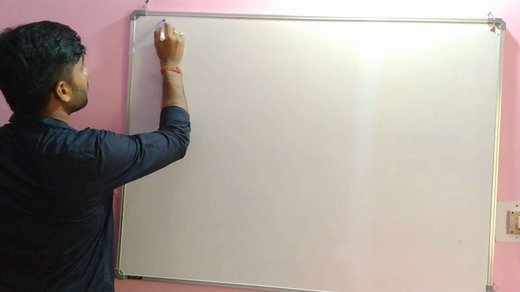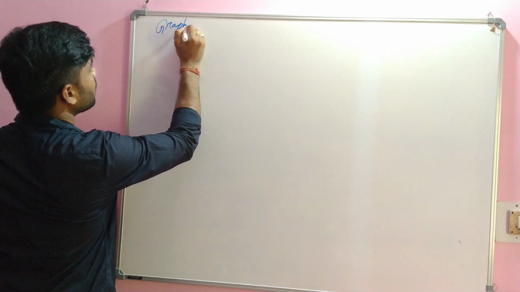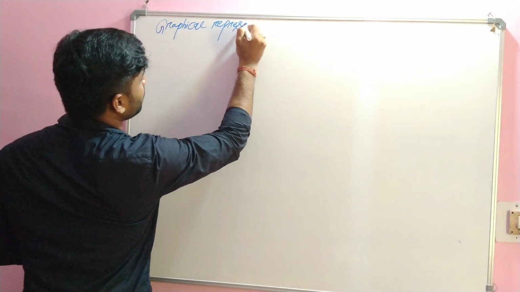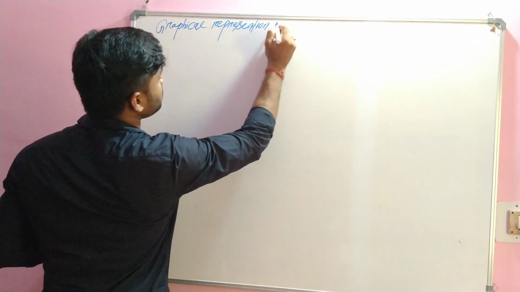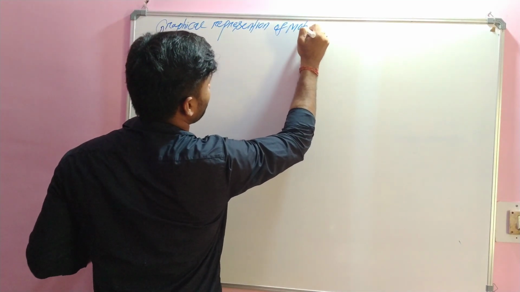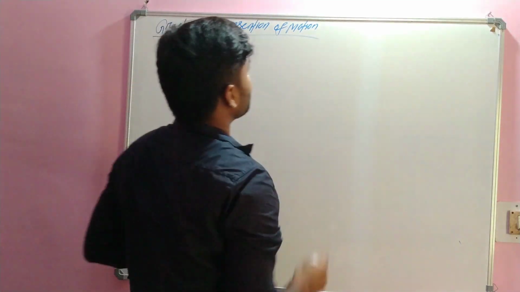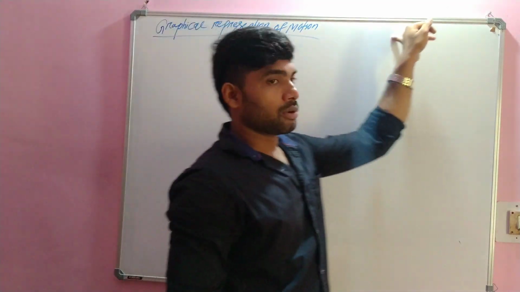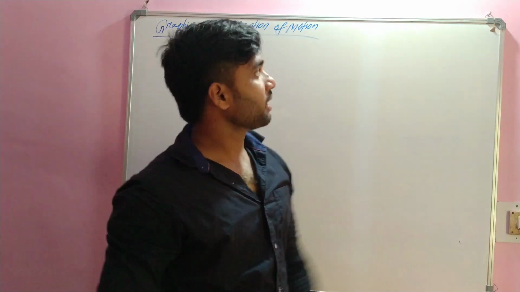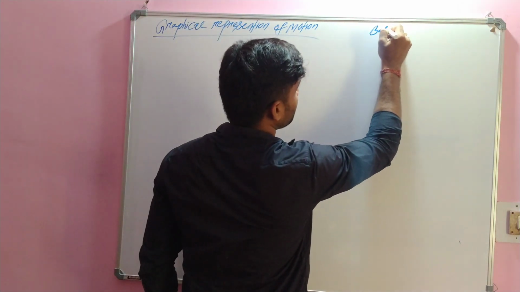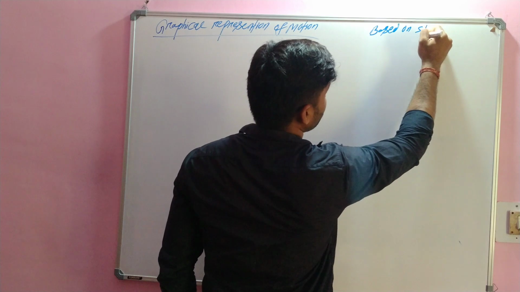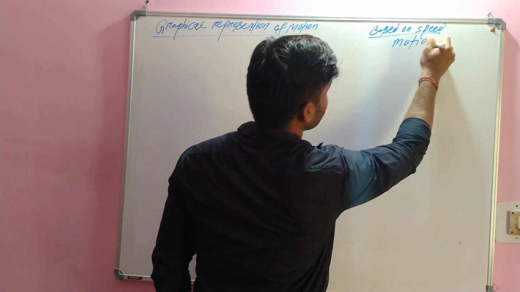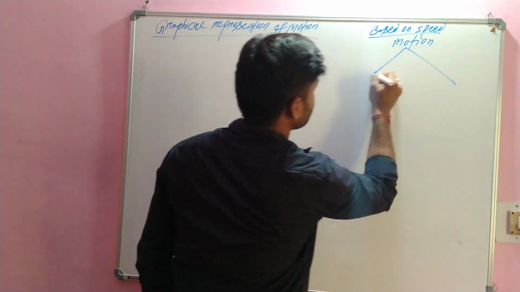So, graphical representation of motion. Listen, already we know that based on speed, motion is classified into two types.